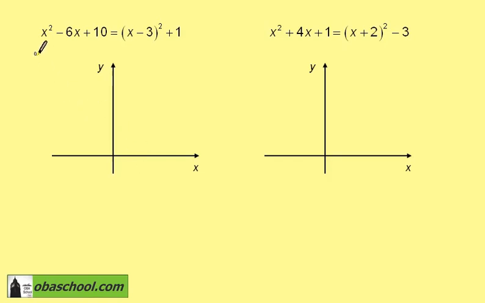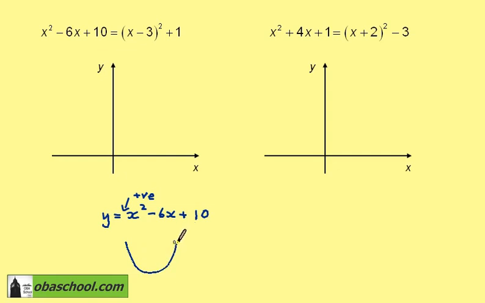Consider x squared minus 6x plus 10 and consider the graph of y equals x squared minus 6x plus 10. The number in front of x squared is 1, which is a positive number.